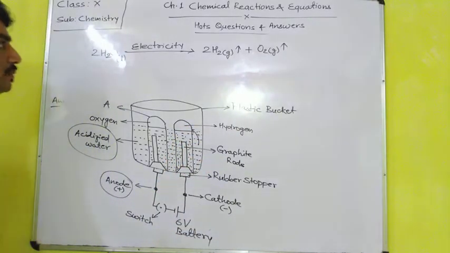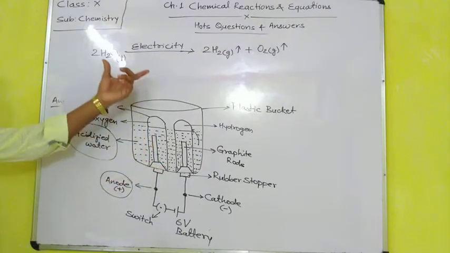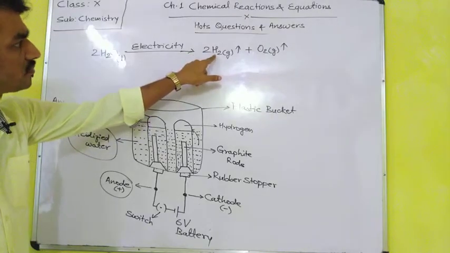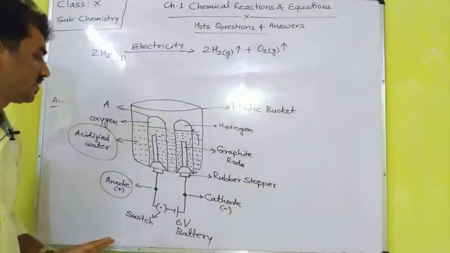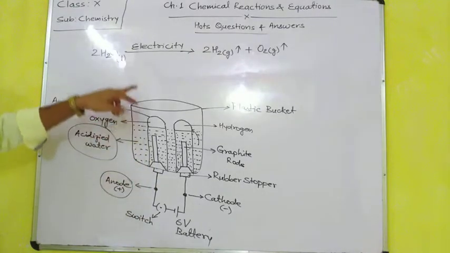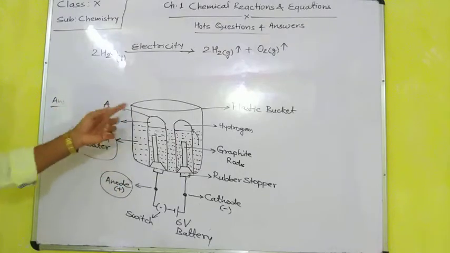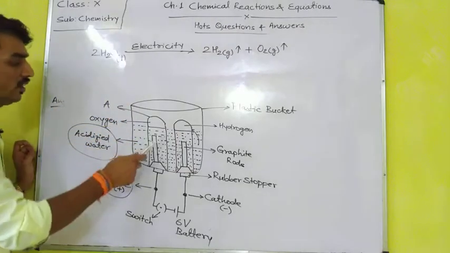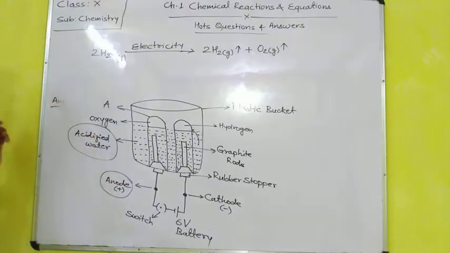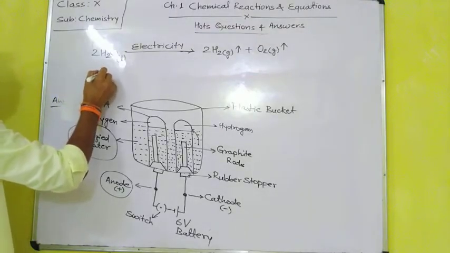So by the passing of electricity, the water molecules break down into hydrogen gas and oxygen gas. The oxygen moves towards the anode electrode, because the anode has a positive charge and the oxygen is negative in nature, O2 minus.